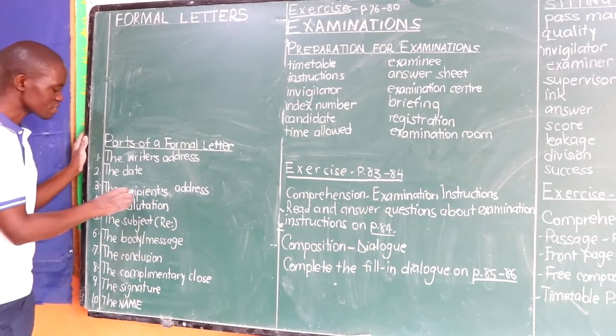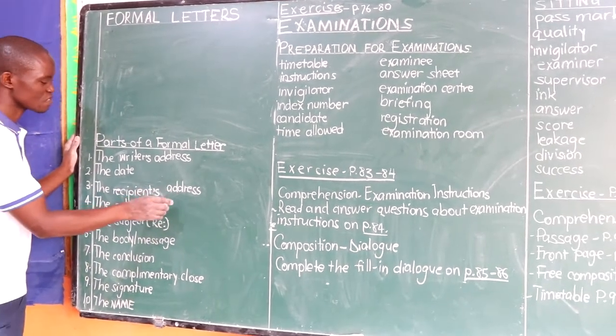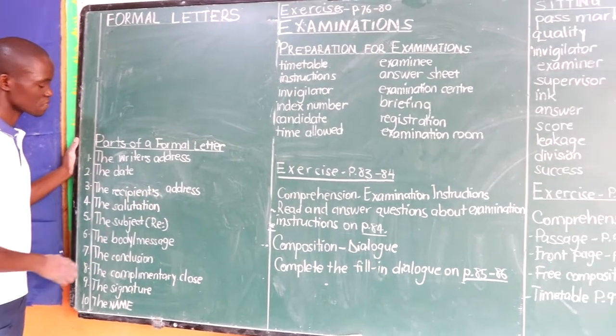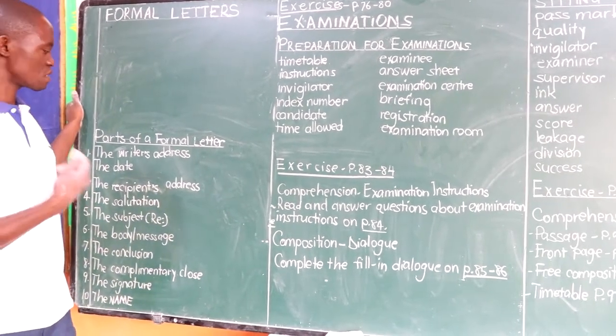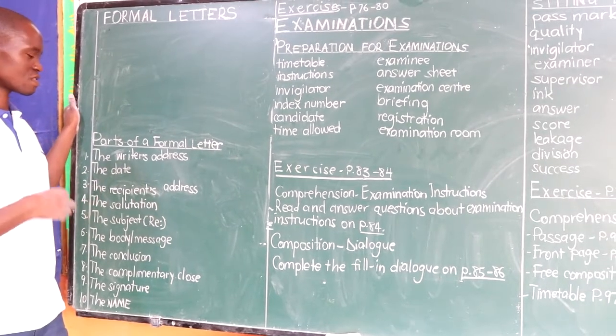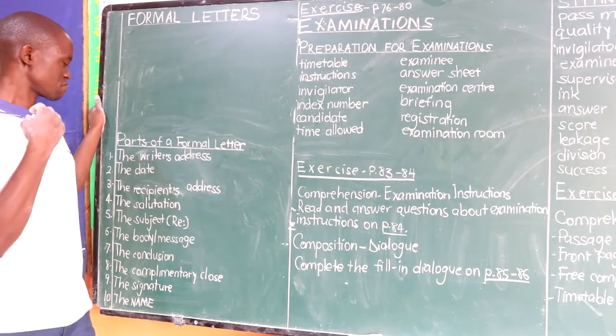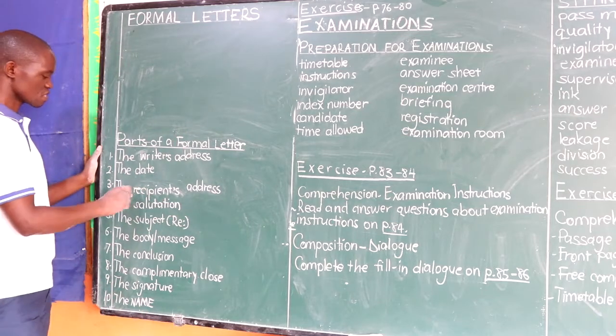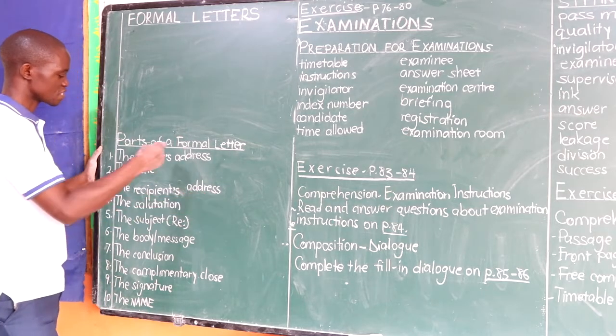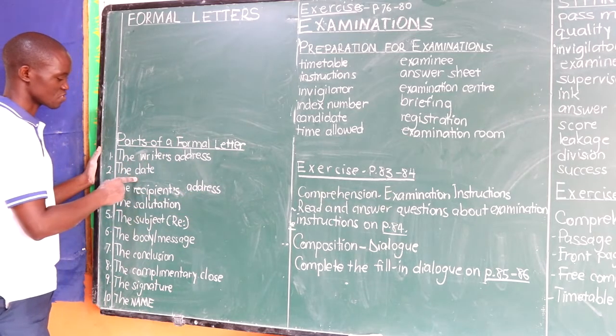After writing the date, again you skip a line. Go to the recipient's address, which someone may call the receiver's address or the addressee's address. The recipient is the receiver, the addressee in a letter. So we talk about the recipient's address after skipping a line from the date.